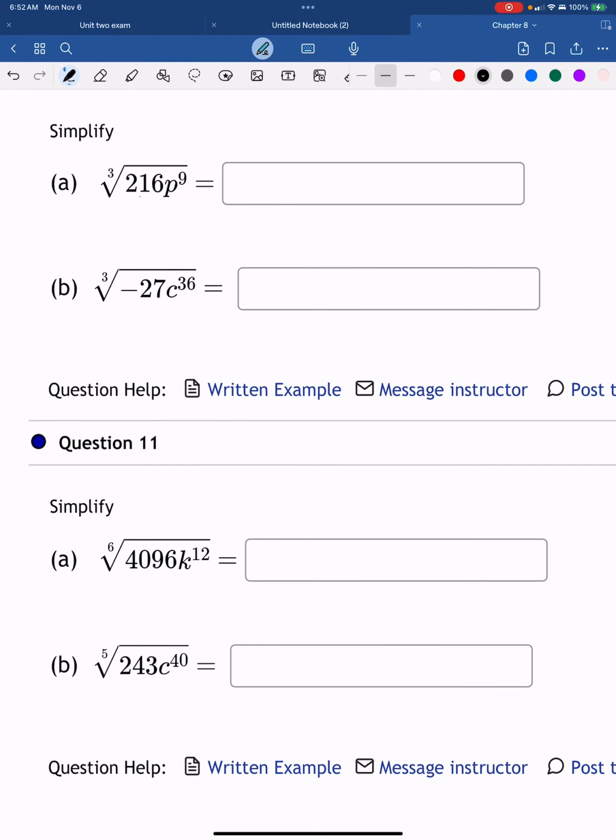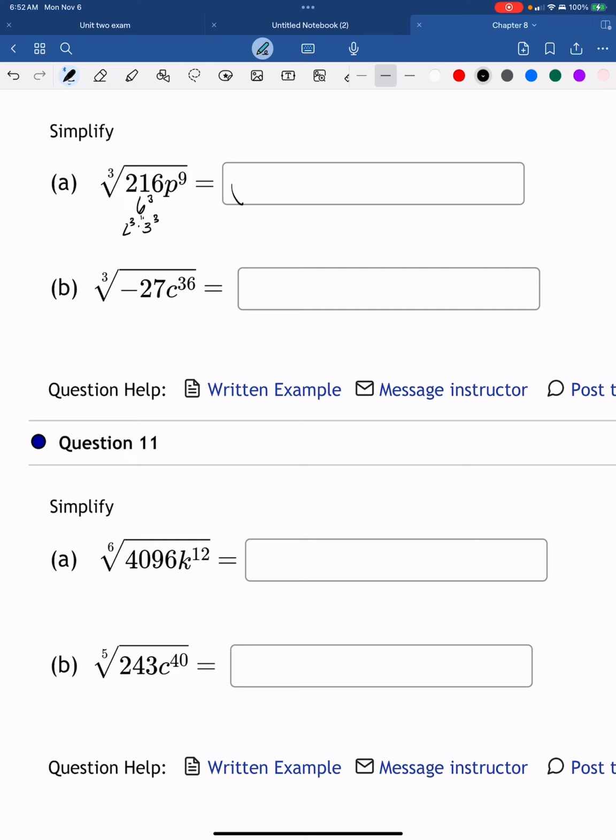216 happens to be 6 cubed. And here we have P to the 9th. Or you could go 2 cubed times 3 cubed. It can be either way, how you want to write it.